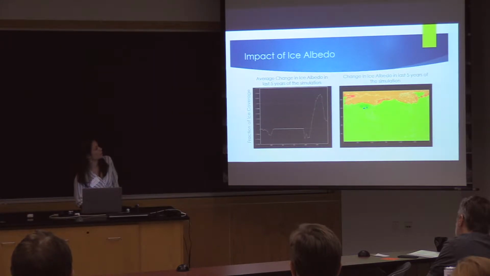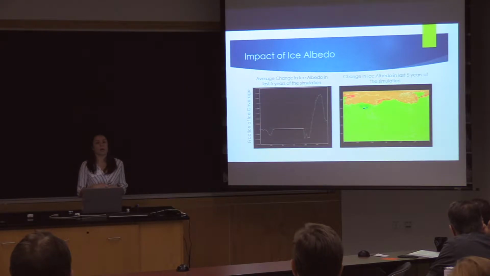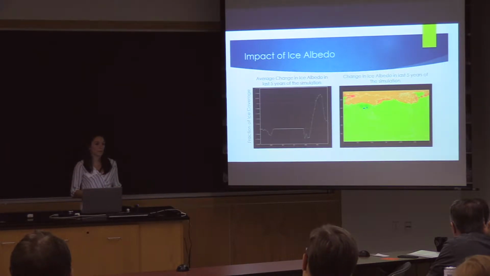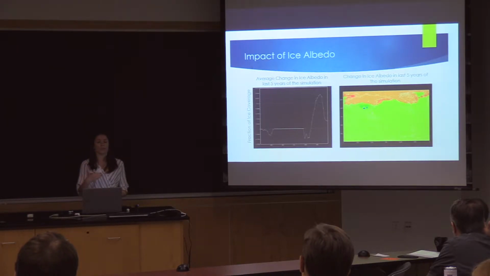You also see in the shaded plot that the warmer colors are an increase in ice albedo and the cooler colors are a decrease in albedo. Over here we see that there's an increase across almost the whole extratropics in ice albedo. So ice albedo is increasing, which in turn would cause a cooling in the northern extratropics.